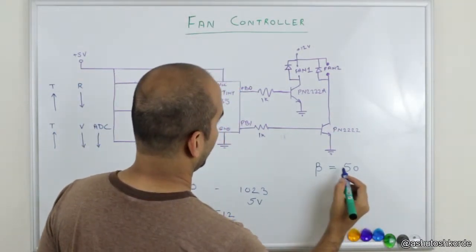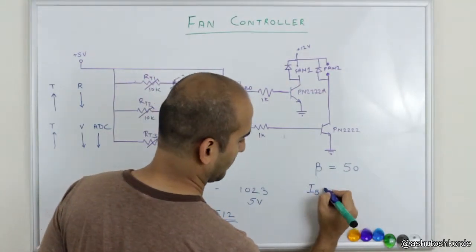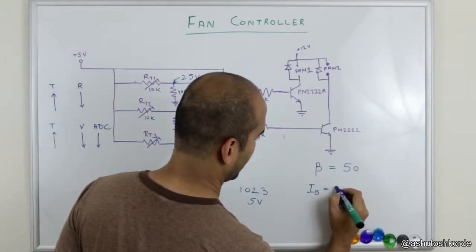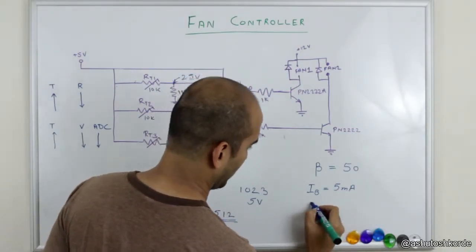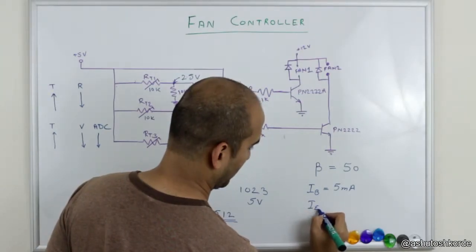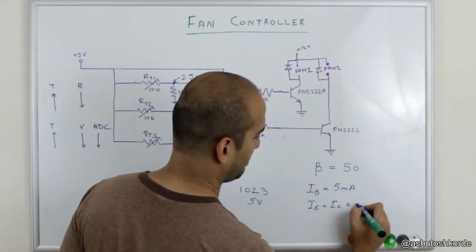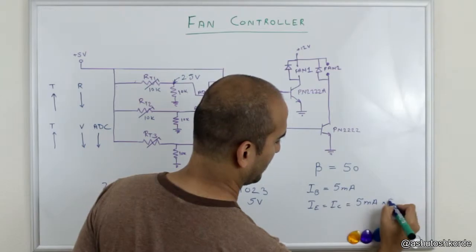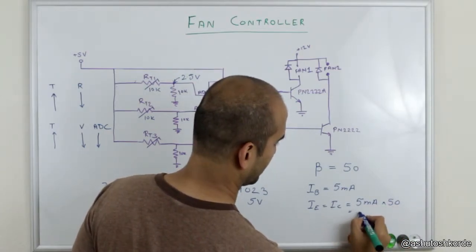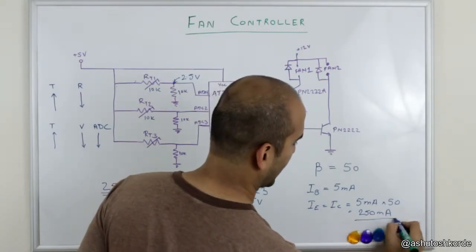So what that means is, if you have a base current of 5 milliamps flowing, your emitter or collector current will be equal to 5 milliamps times 50, and this is 250 milliamps, and this is guaranteed.